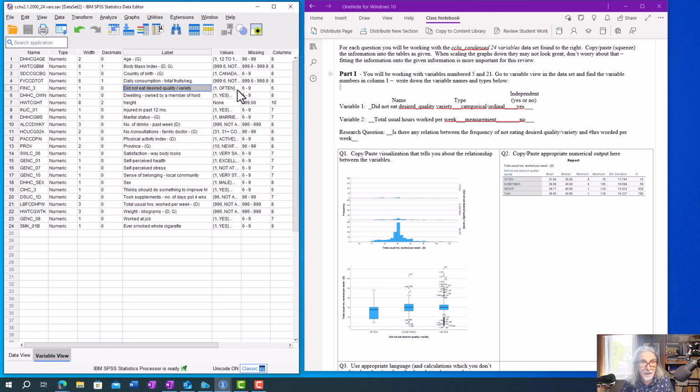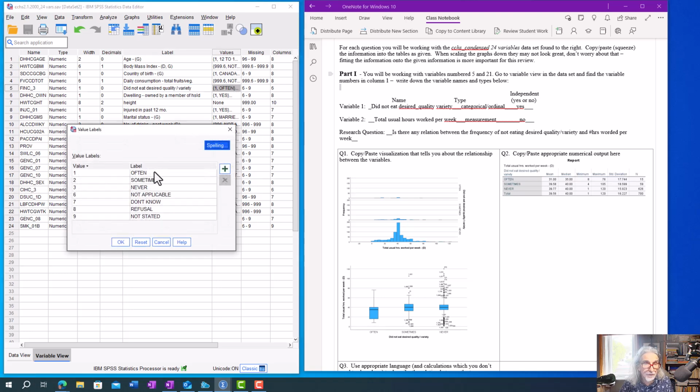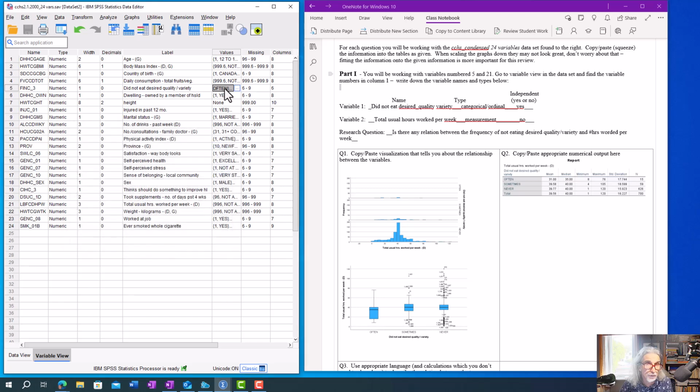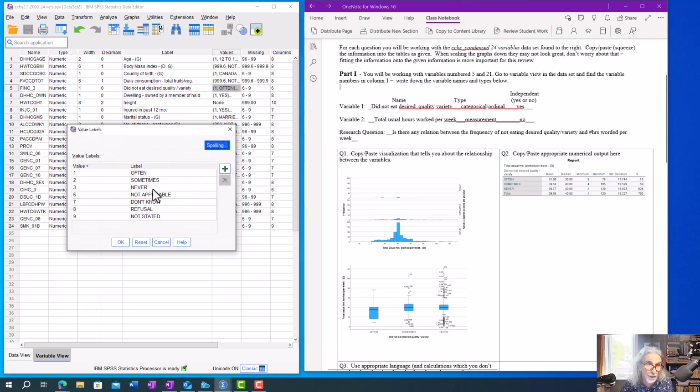And the breakdown is often, sometimes, or never. Remember it's a categorical variable, and these are all non-applicable so far. So you investigate the variable, and the name goes in here. What type is it? Categorical, ordinal. Ordinal because often, sometimes, never has order to it.